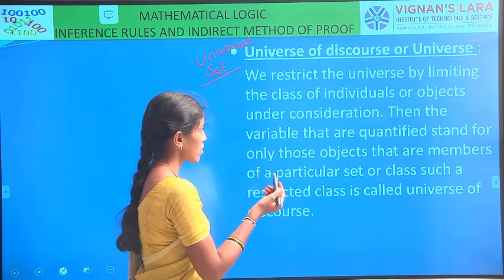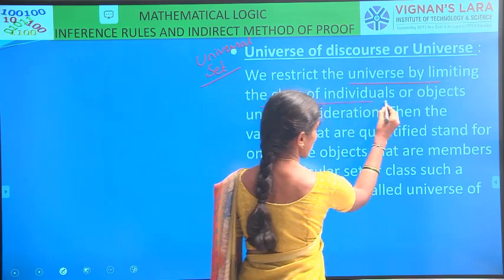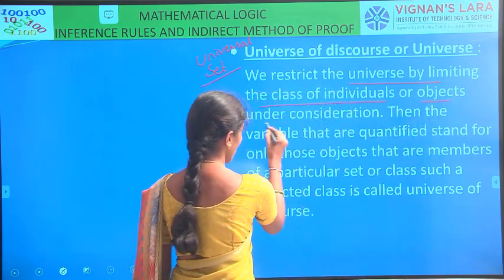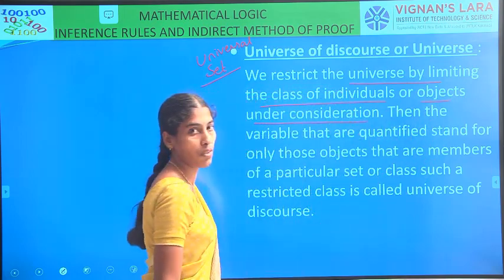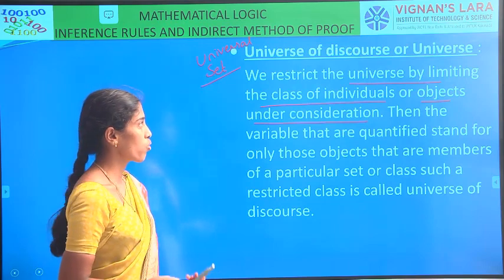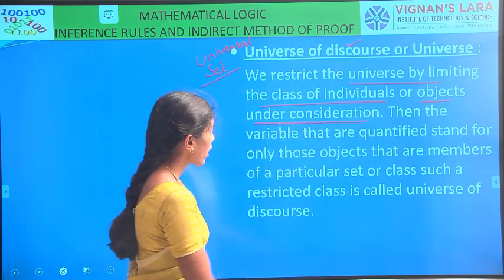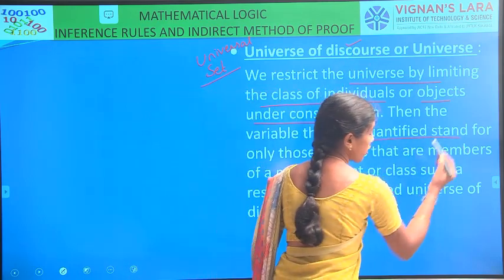So here also it is the same thing. We restrict the universe by limiting the class of individuals or objects under consideration, right? Sometimes we call it the universe of discourse.